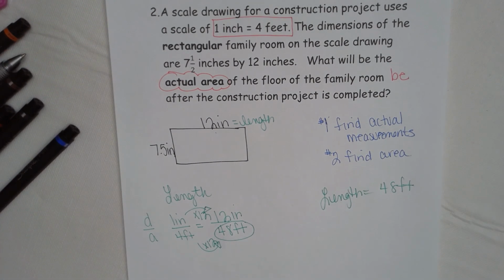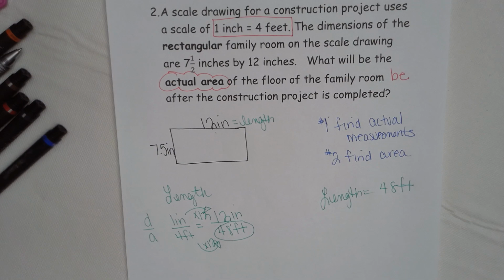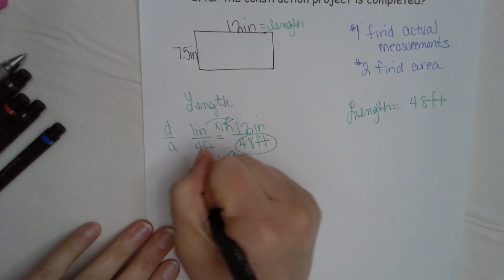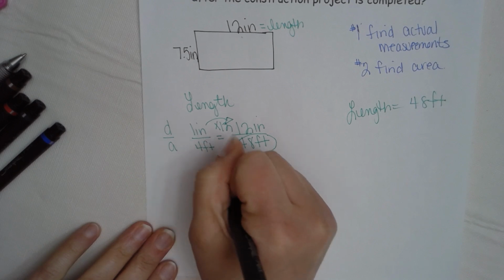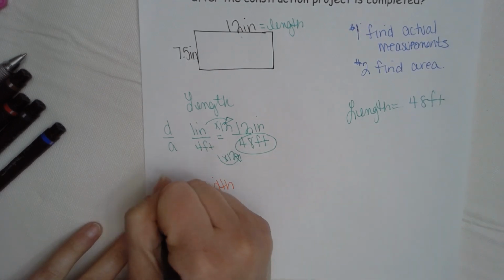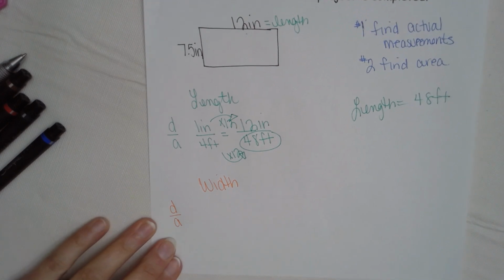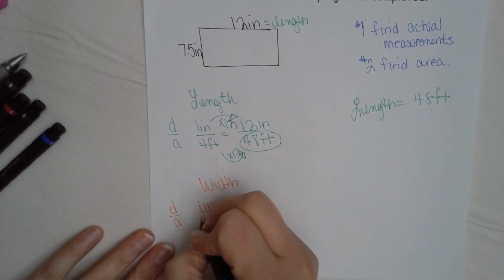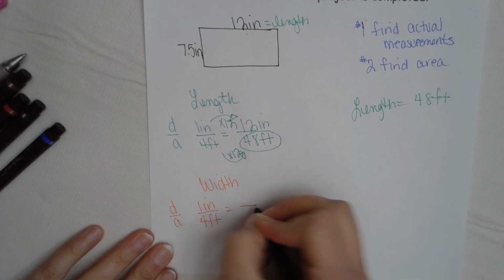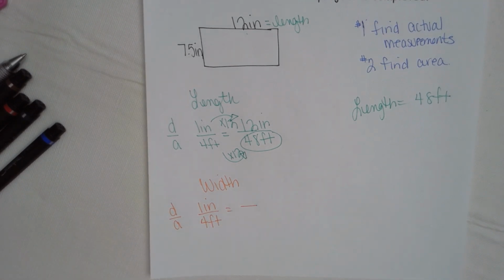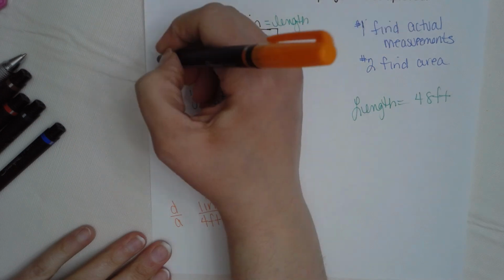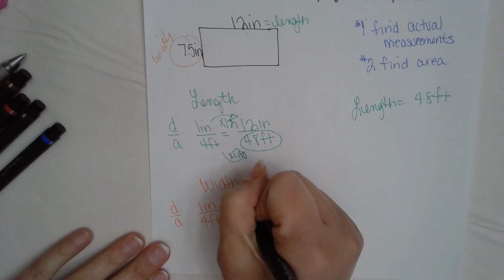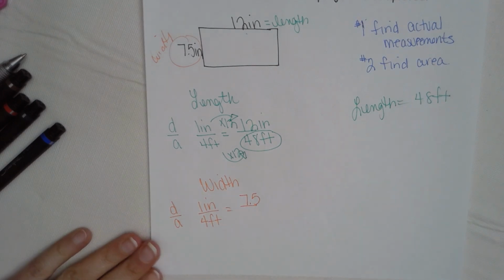And now we're going to take a look at the width. Once again, guys, drawing over actual. Put that scale right in. You always have to base everything off of the scale. So we've got 1 inch over 4 feet. And here we're going to look at the width as 7.5, so 7.5 is going to go up top.